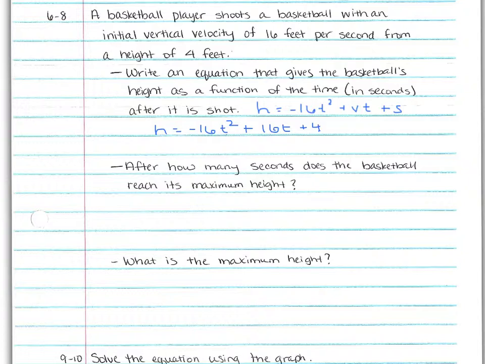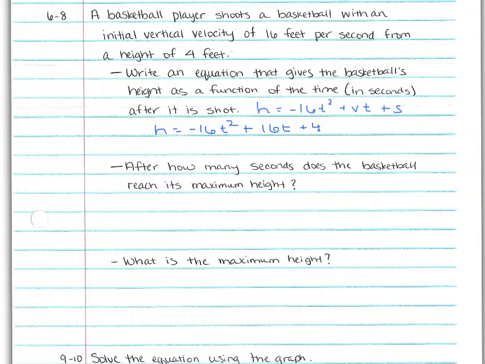So that's the equation that we're looking for. The second part says, after how many seconds does the basketball reach its maximum height? To find maximum height, you would want to use what we were just practicing a minute ago, finding the axis of symmetry and then plugging that back in to find its actual highest point in the parabola.